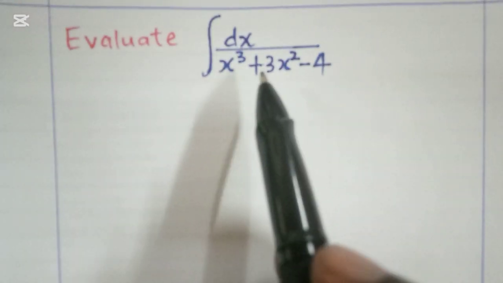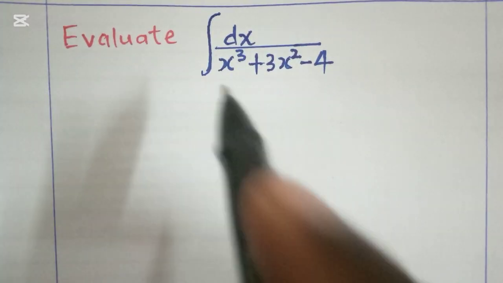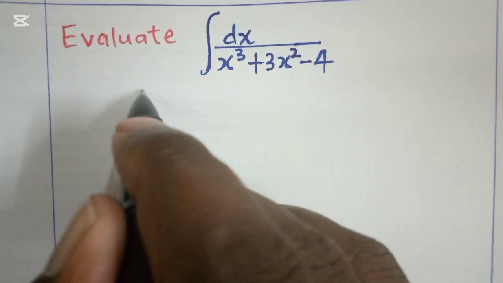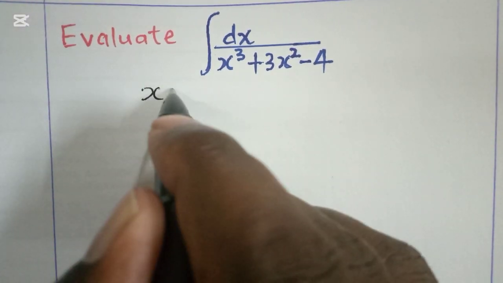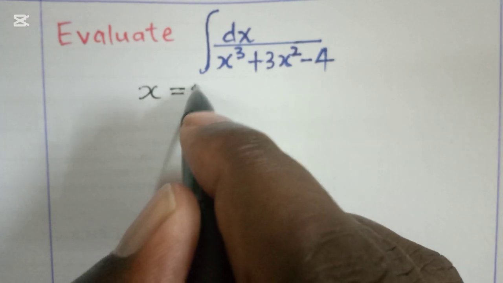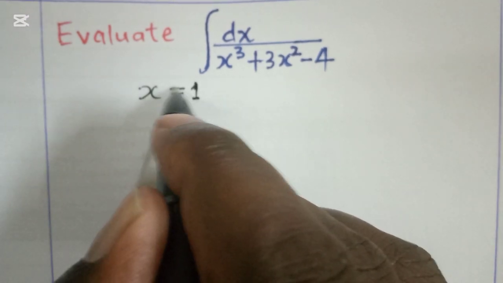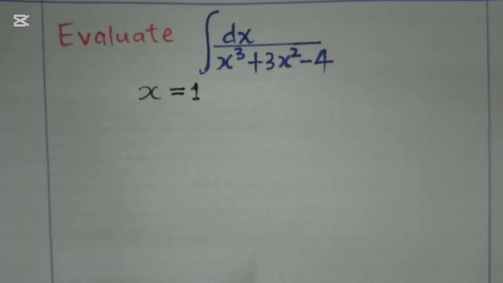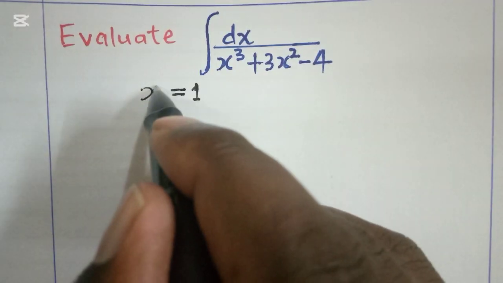And so guys, I have been able to get one of the roots, which is x equals 1. If I have one root, then I can get the other roots, because I'll have to transform this root into a factor.